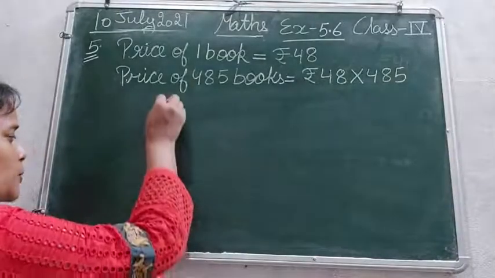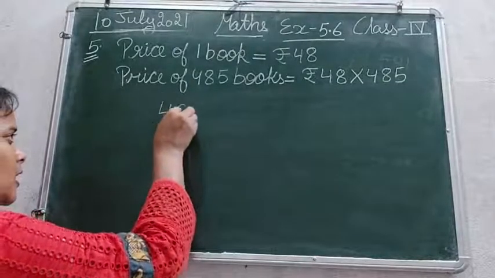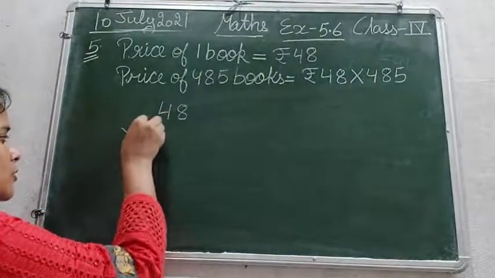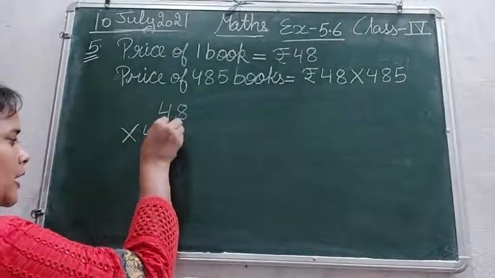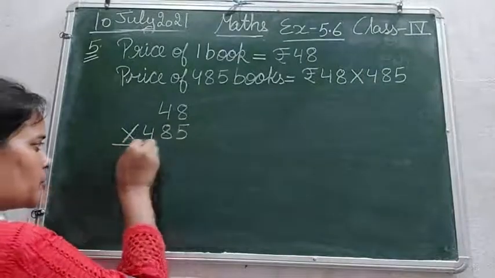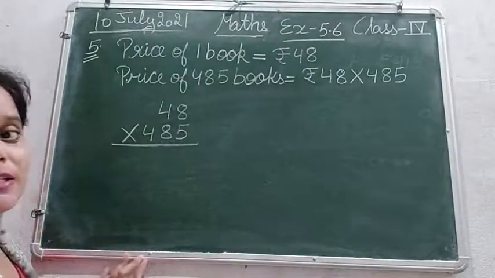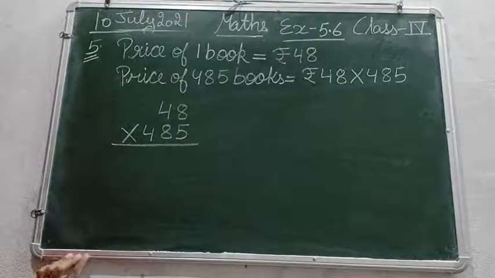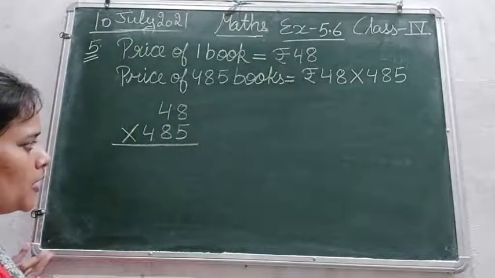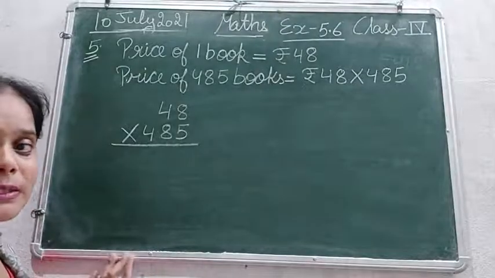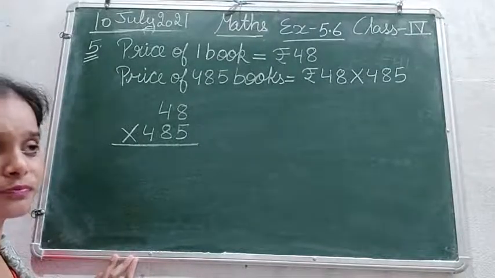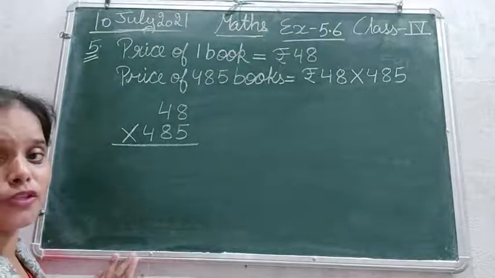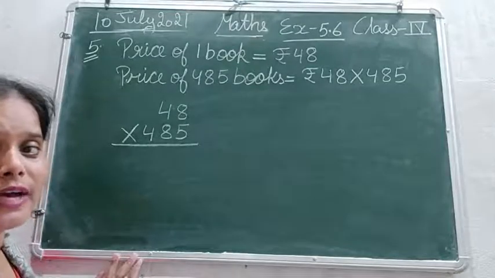For this we are going to multiply 48 with 485 rupees. So let's multiply. देखिए, now we are going to multiply this for calculating the price of 485 books.